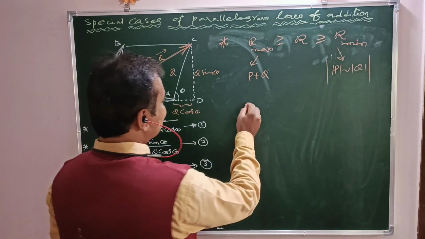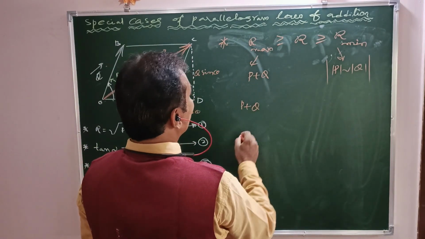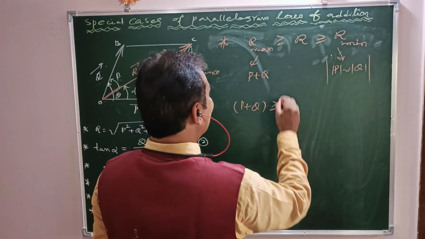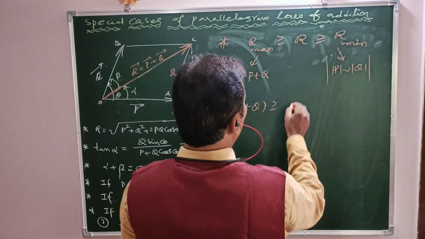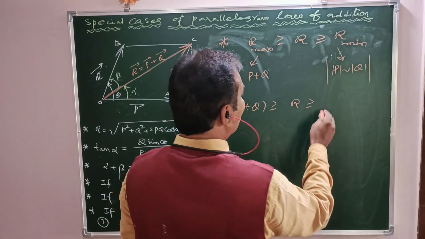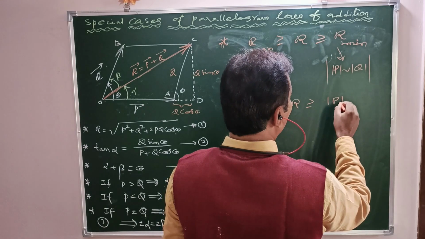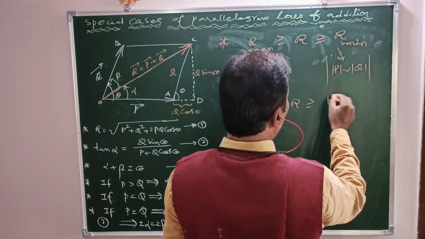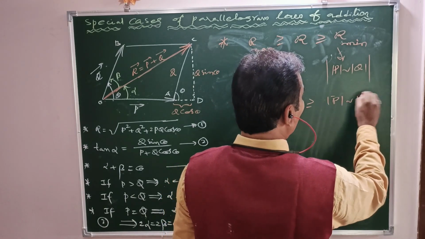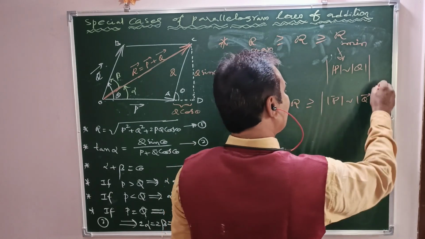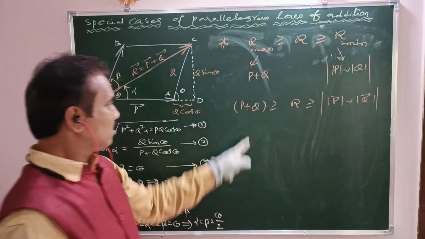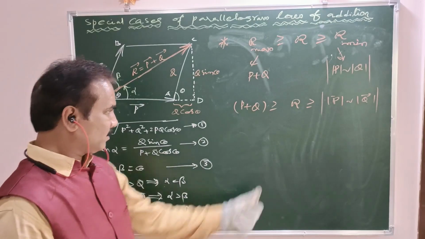So if I replace, P plus Q is greater than or equal to R, which is greater than or equal to mod P bar difference mod Q bar, once again modulus. So this is the inference.